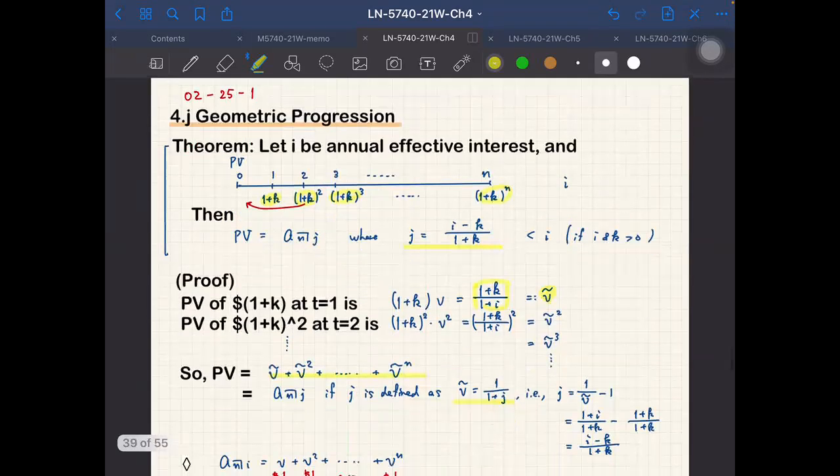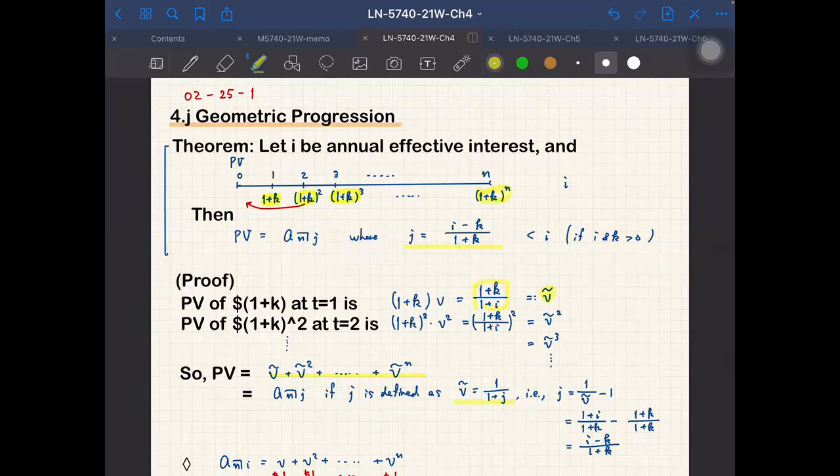Another important formula is the geometric progression. The basic case is this: the payment amount is 1 plus k at time 1, the square of 1 plus k at time 2, the cube of 1 plus k at time 3, up to the nth power of 1 plus k at time n.